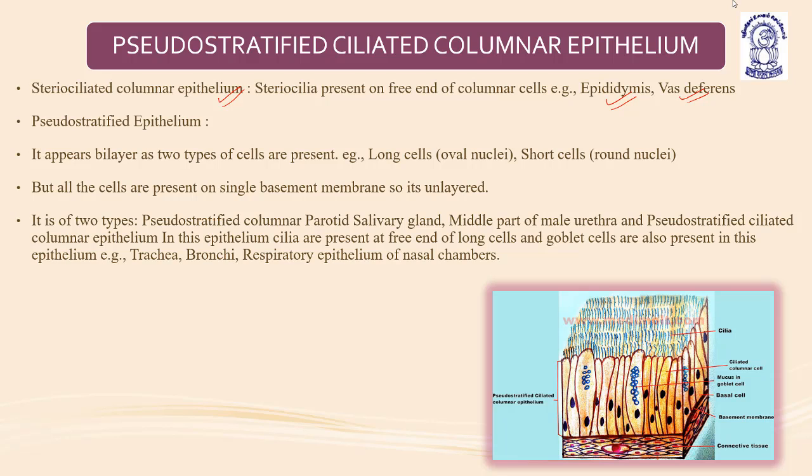Now, pseudo-stratified ciliated columnar epithelium appears bilayered as two types of cells are present. Very important. One layer is made up of long cells which have oval nuclei, and one layer is made up of short cells which have round nuclei.